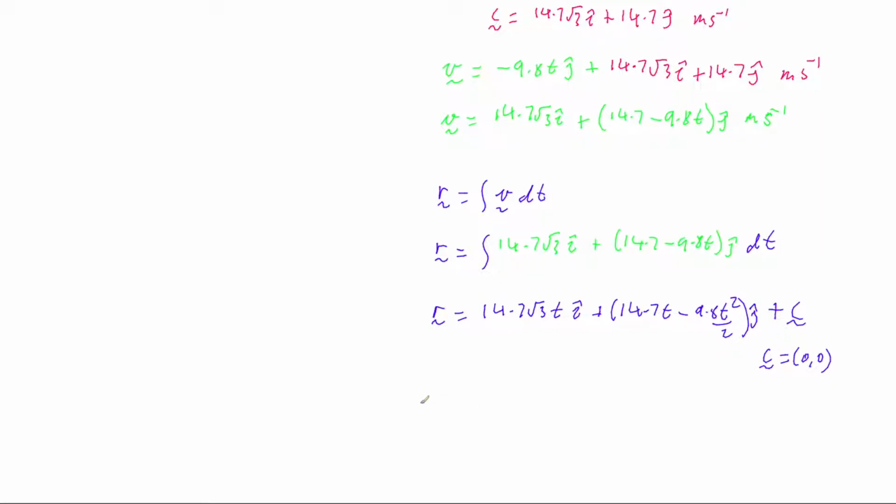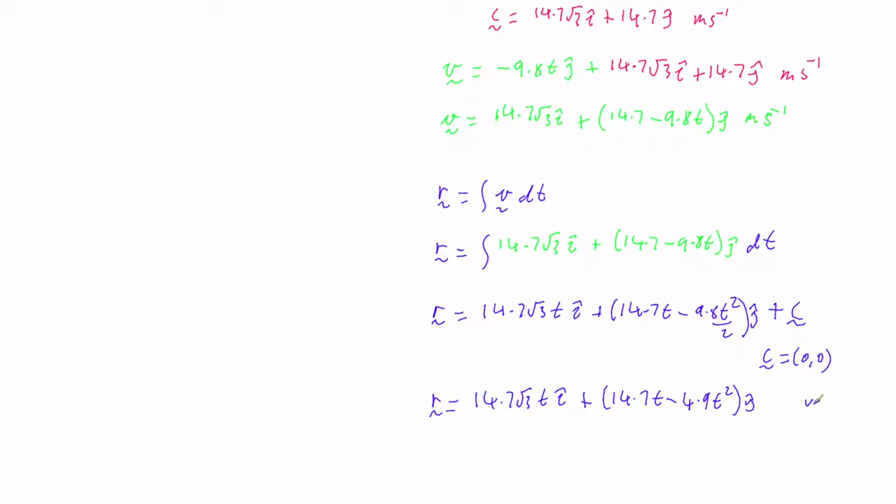So we have that r at the end is just 14.7 root 3 t in the i direction plus 14.7t minus half of 9.8, which is 4.9 t squared, in the j direction. And that's our vector equation for our trajectory.